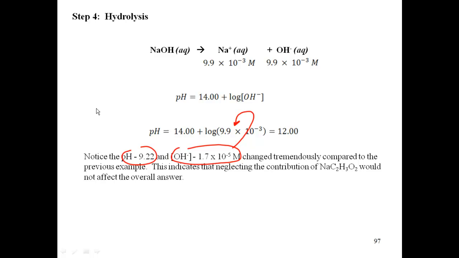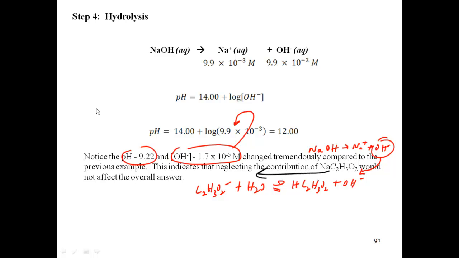But also realize, since you're dealing with an equilibrium of that acetate ion, remember that I have a source of hydroxide coming from that strong base, which means that this equilibrium is going to have to shift to the left, because now it's messing up the equilibrium.